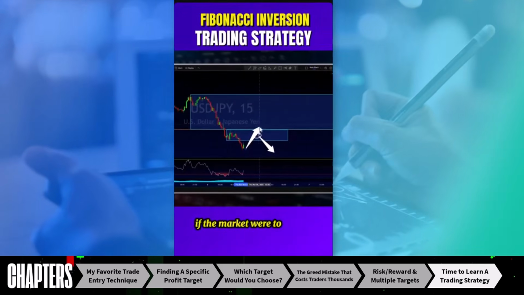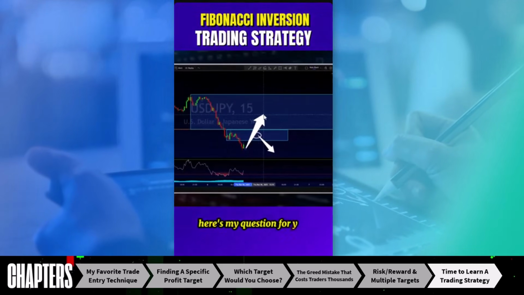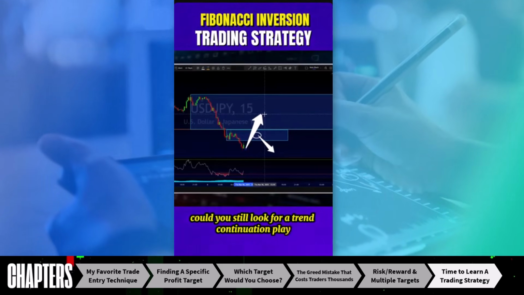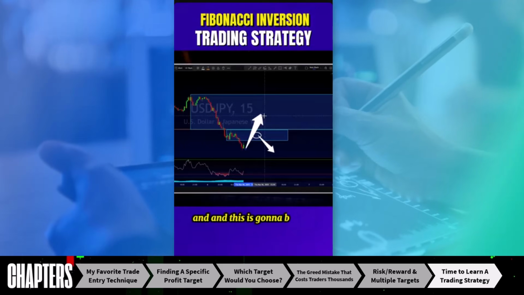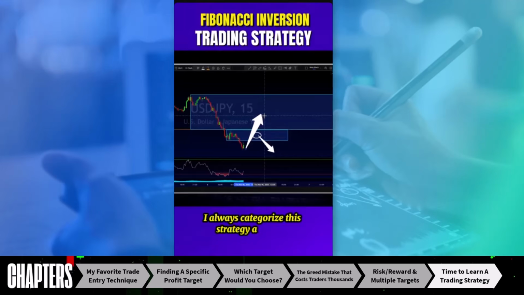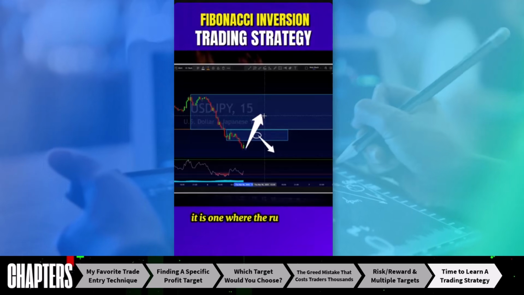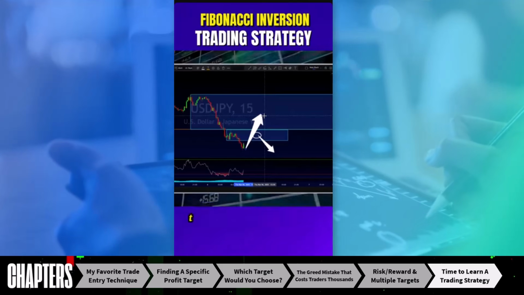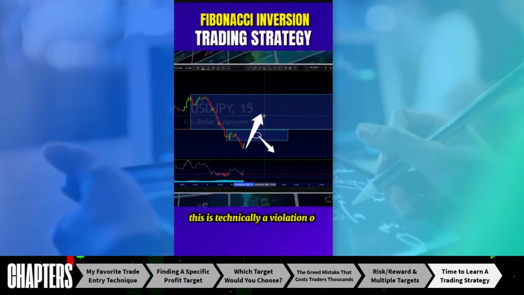If the market were to do this, here's my question for you. If the market were to go up here, could you still look for a trend continuation play? This is a tricky one, and I always categorize this strategy as one where the rules don't actually make sense, but they kind of make sense. This is technically a violation of our trend, right?